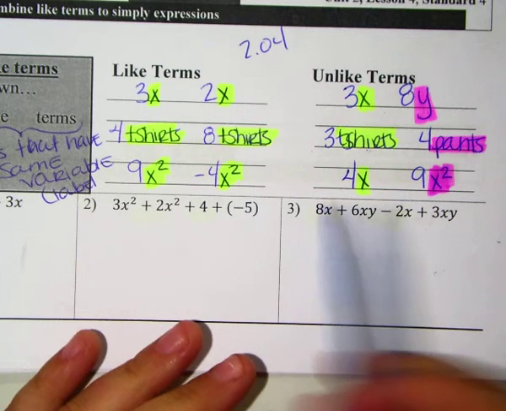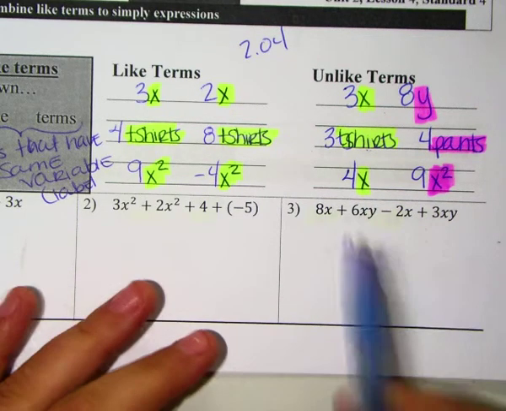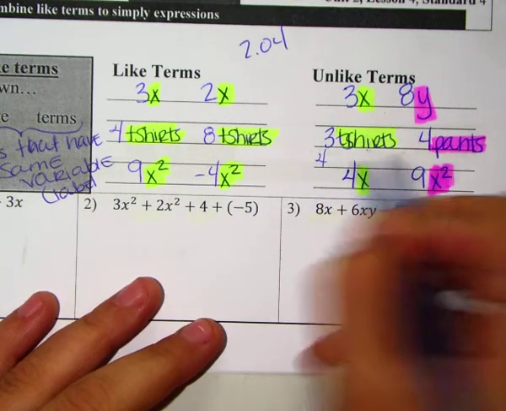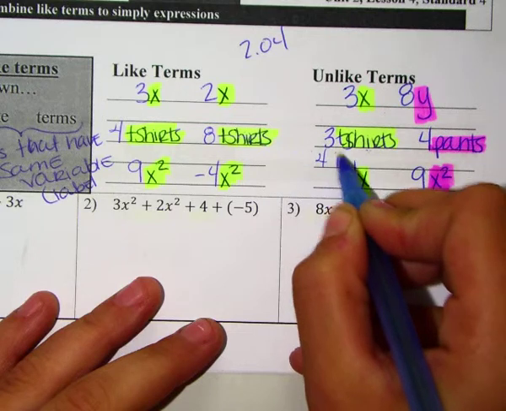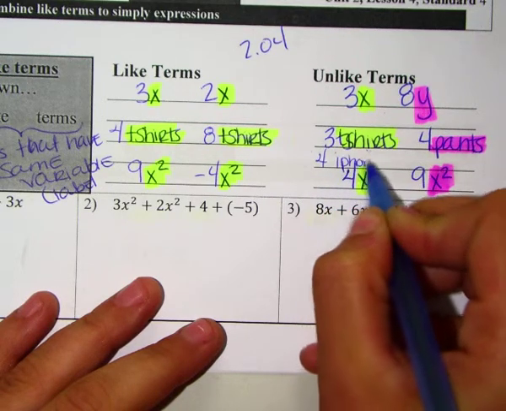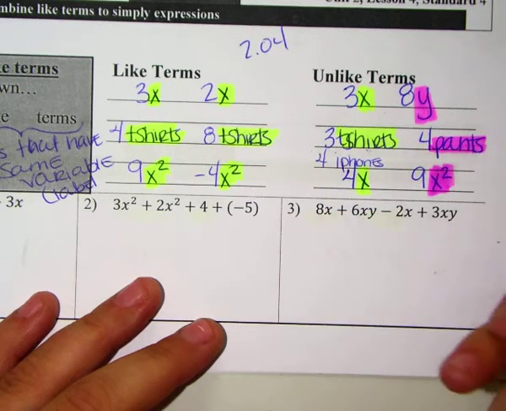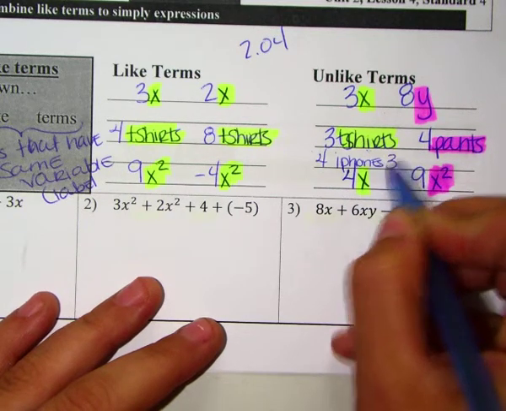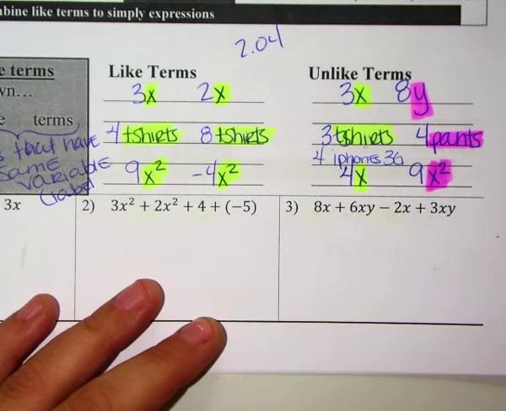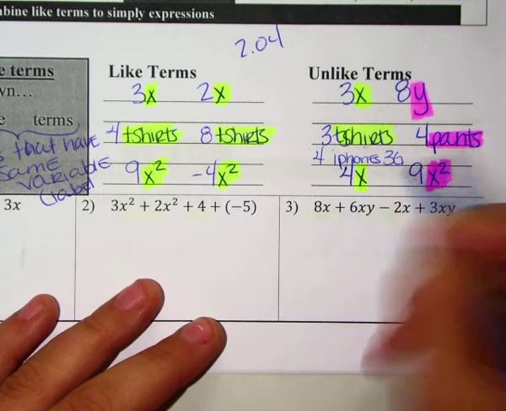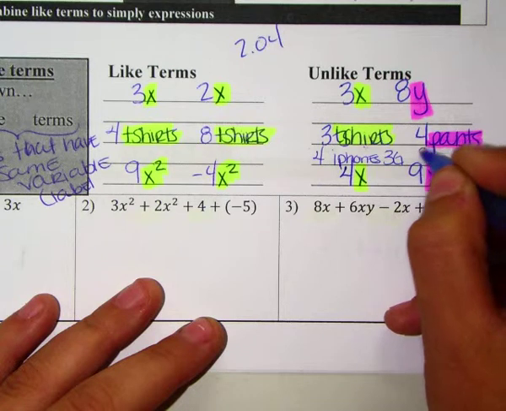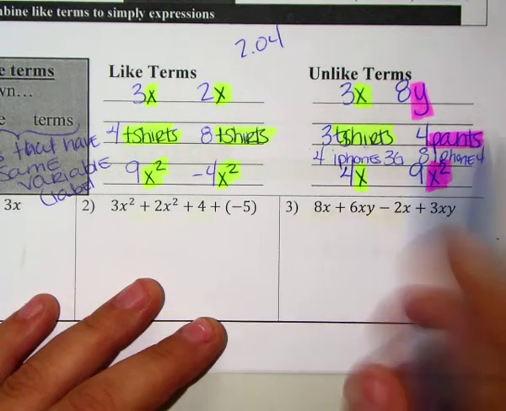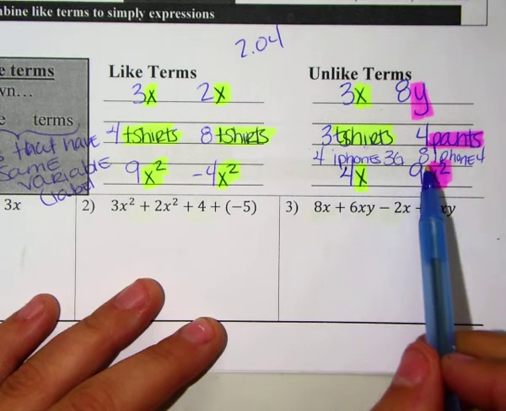Let me give you an example of what helps me remember this one. So if I had 4 iPhones, let's say we have 4 iPhone 3Gs, and 8 iPhone 4s, are these the same thing?